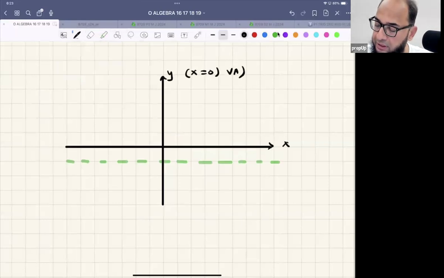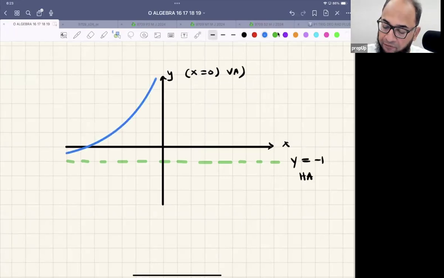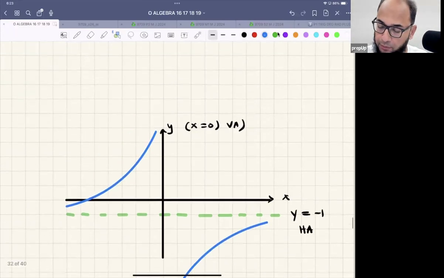This is the x-axis. But now this line, y equals negative 1, is the horizontal asymptote, and we will draw the graph with respect to it. So this goes like this, and this goes like this. That's how the graph is drawn.